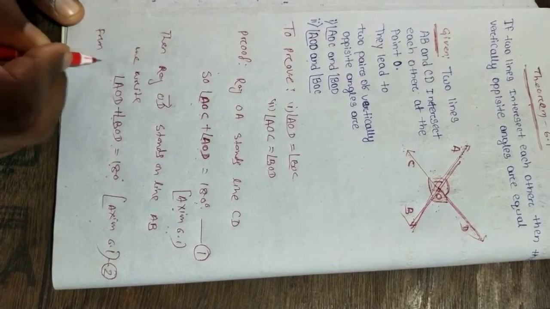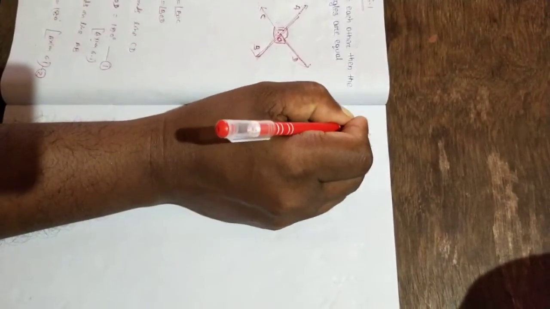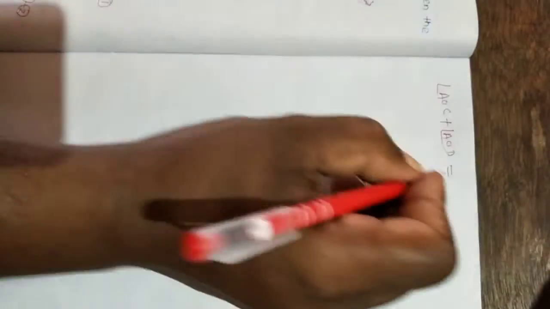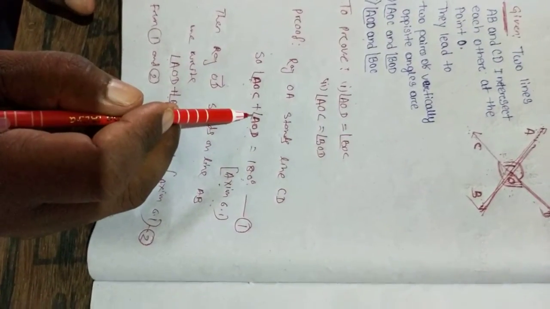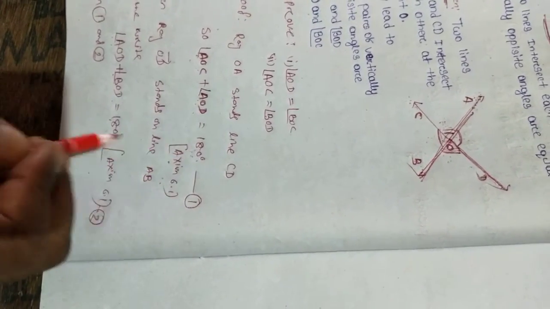From 1 and 2: AOC plus AOD is 180 degrees, and AOD plus BOD is 180 degrees.